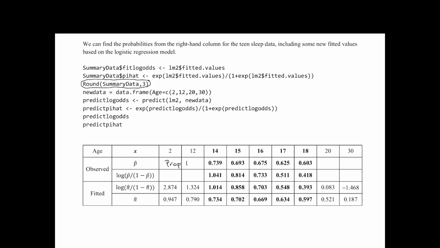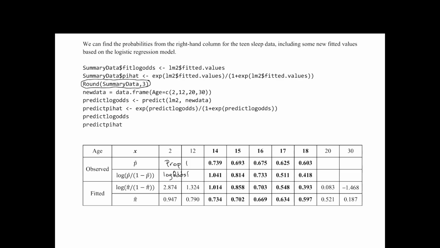So we have the prop 1, that's the probability of success at each age based on the cases that were in the sample. And then we did the log odds 1 that we created. I think this is a capital O actually in R. And so those again are the natural log of the p hat over 1 minus p hat. So we added that to our data set as well.